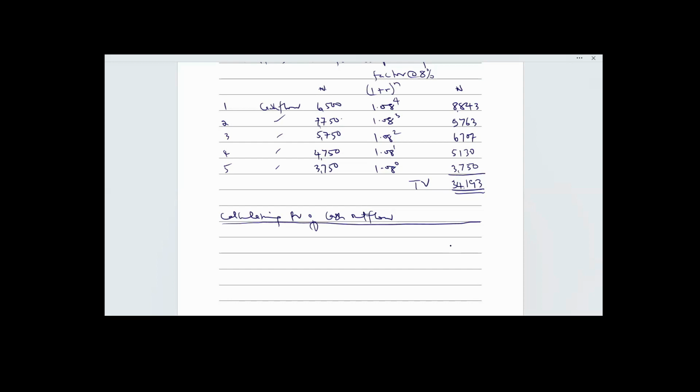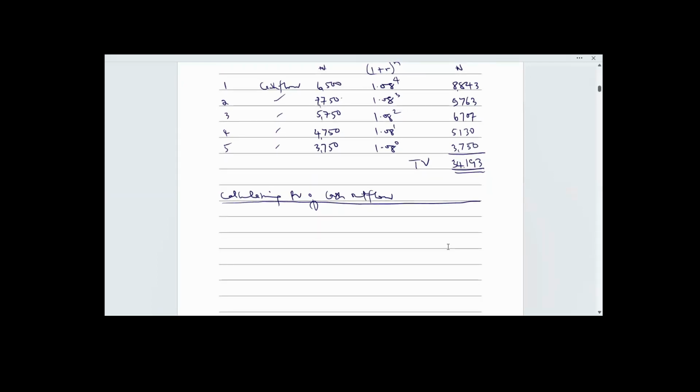Whichever the number, whenever you have the negative cash flow, just bring them together, calculate the present value of the negative cash flow, then total the present value, and use it to calculate your modified internal rate of return. So again, item, cash flow, discount factor at 8%, then the present value.